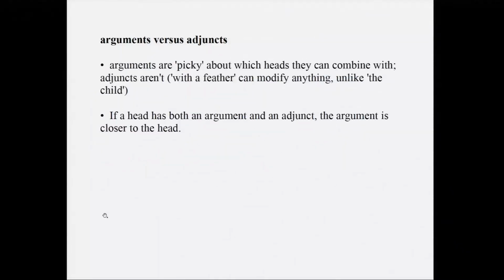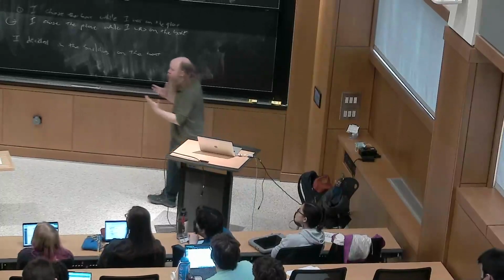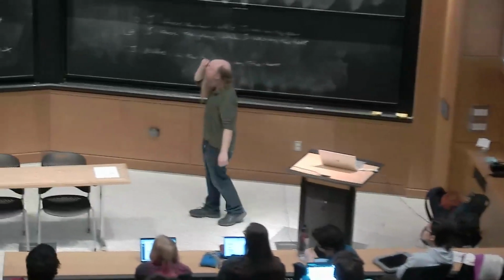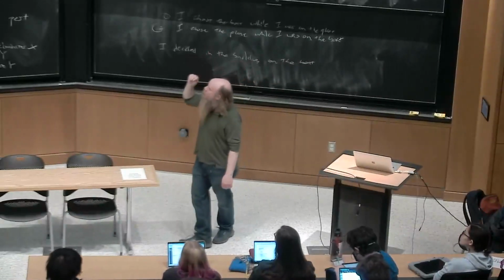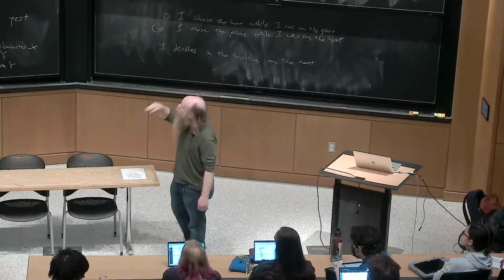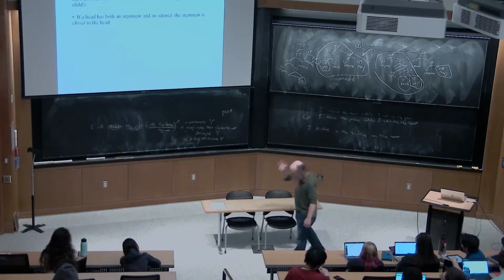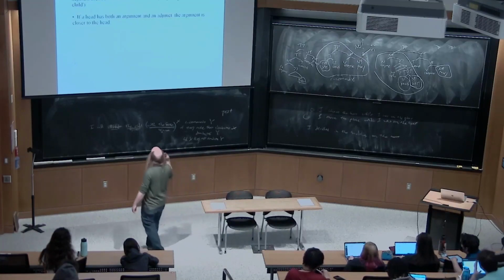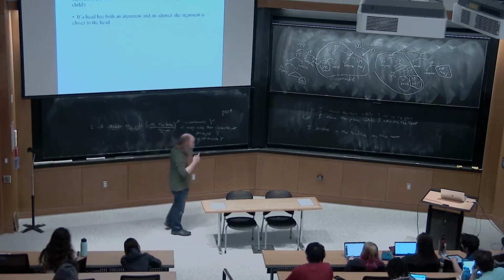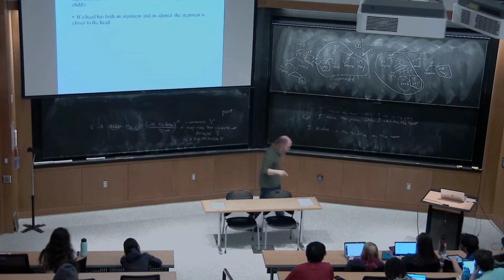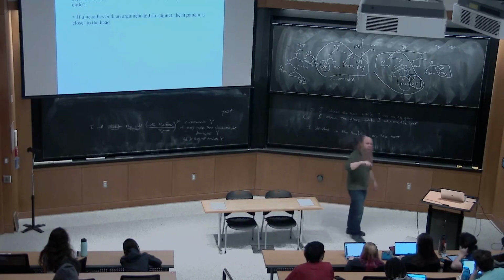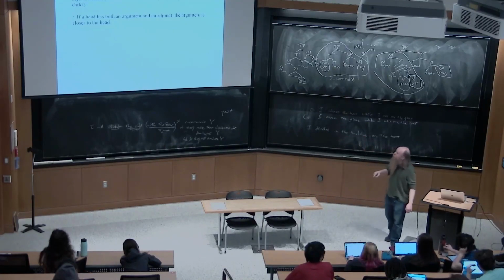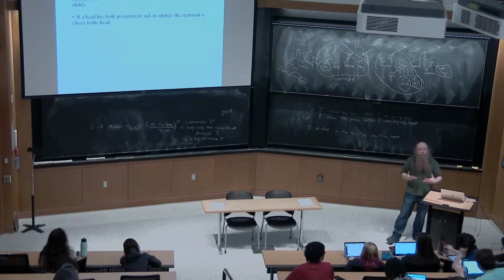One difference between arguments and adjuncts, the reason that I introduced you to them, is that arguments are picky about which heads they can combine with and adjuncts are not. You can do anything with a feather, but with something like a direct object, you have to look at the verb to see whether you have it or not. And if you have a head that has both an argument and an adjunct, like decide on the boat on the plane, then the argument is closer to the head.